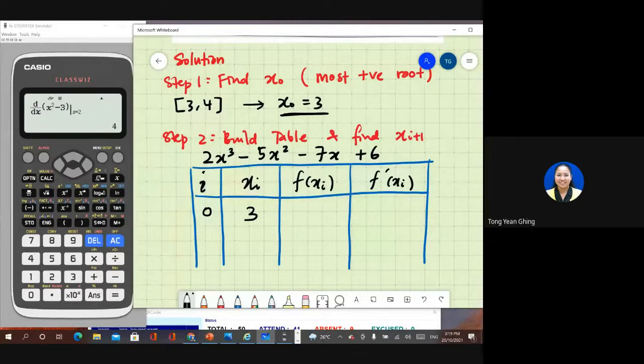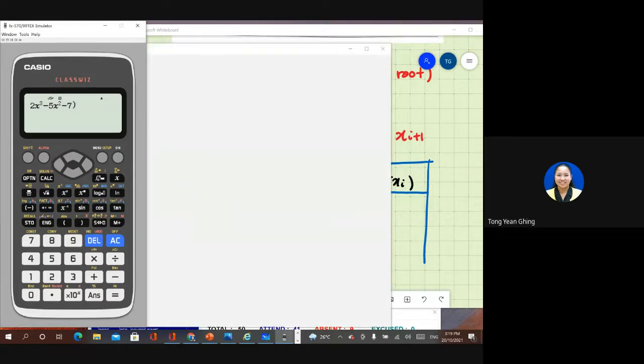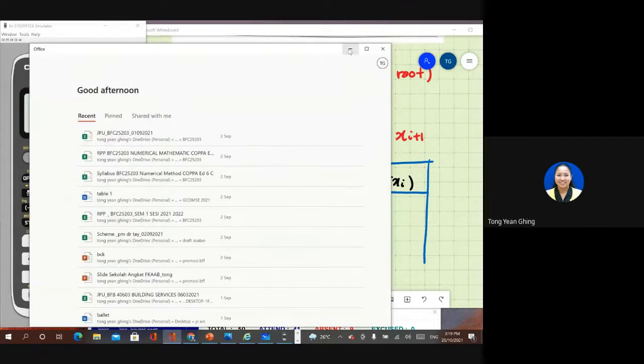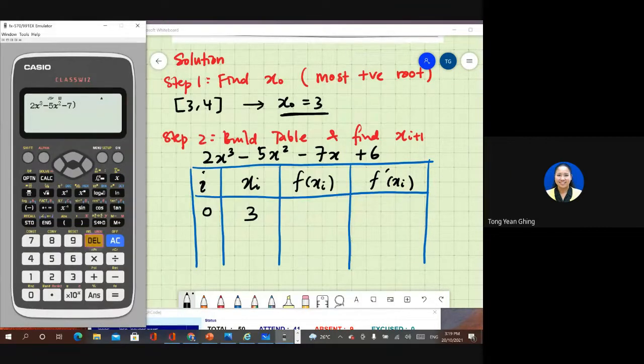So now I will key in this formula: 2 alpha x to the power of 3 minus 5 alpha x squared minus 7 alpha x plus 6, then calculate. The value of x is 3, so it equals negative 6.